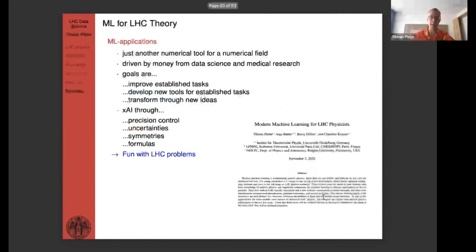Okay, and with that, I'm done. Let me just summarize machine learning applications for LHC theory, LHC physics. If you want, just think of them as just another numerical tool for a very numerical field, driven by funds that we don't have to pay for because data science and medical research, everybody pays for it, and we can just use the stuff. And that's a great opportunity. What we want at the LHC is to improve established tasks, do stuff better that we already know how to do.